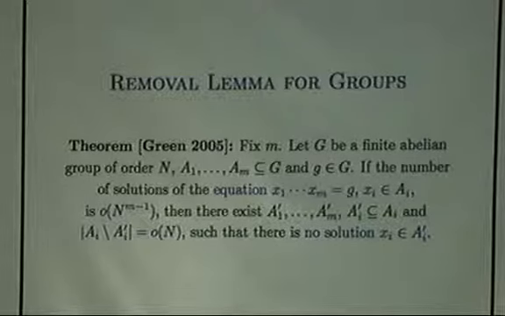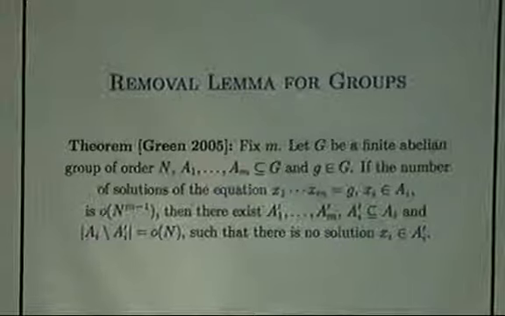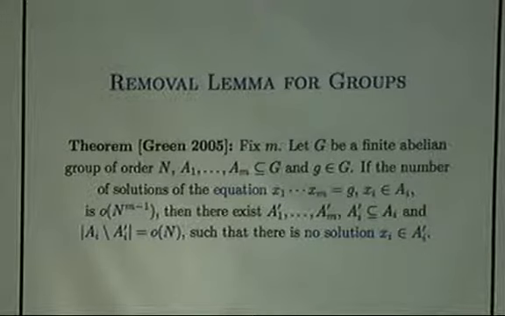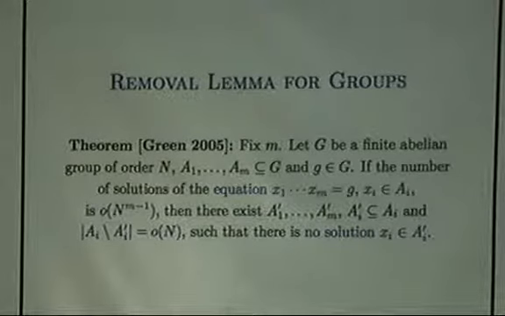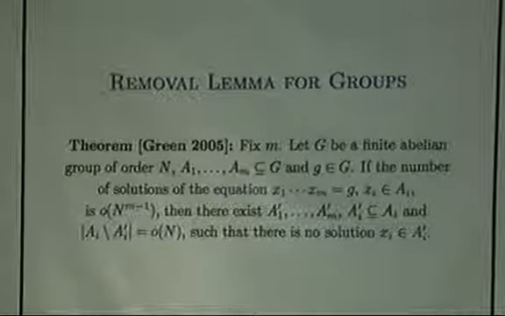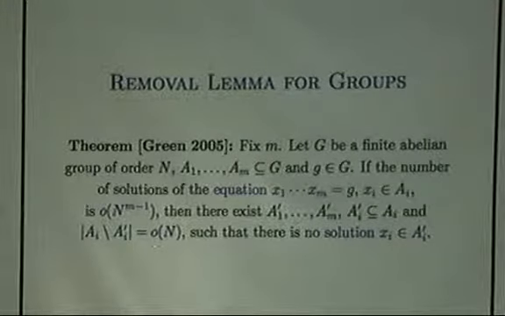last one. And if the number of solutions is asymptotically smaller, then there exist subsets of the original sets that were restricting the values of the variables, and these subsets are not too small, only sublinearly smaller.